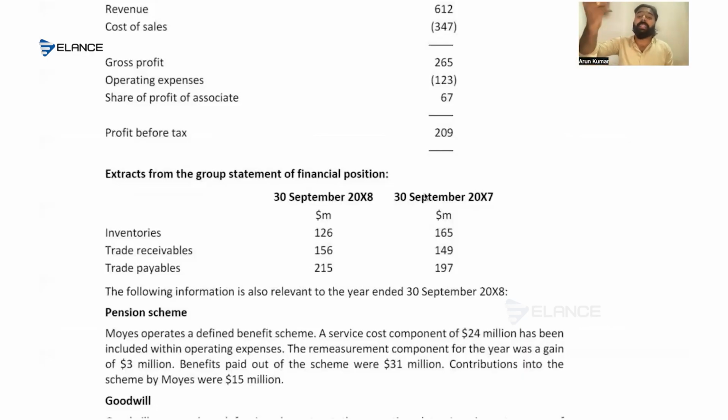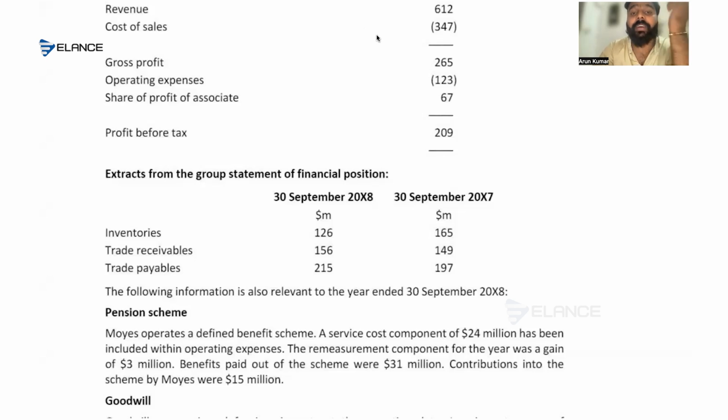Receivable balance have increased from 149 to 156. So how will you account for it? It has increased by almost 7 million. So is it an outflow or inflow? It's an outflow, right?